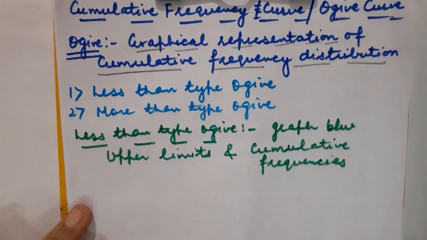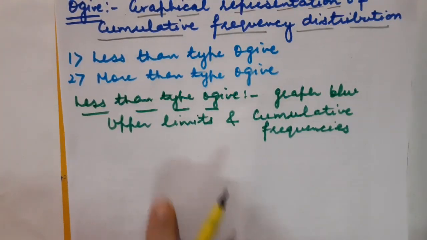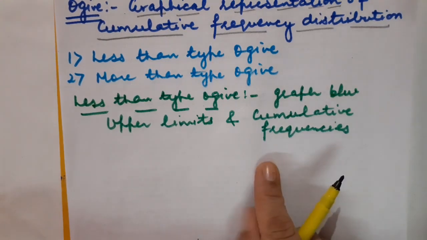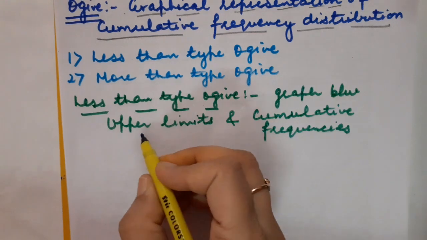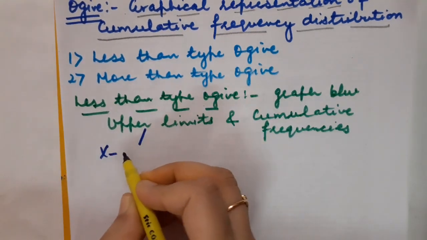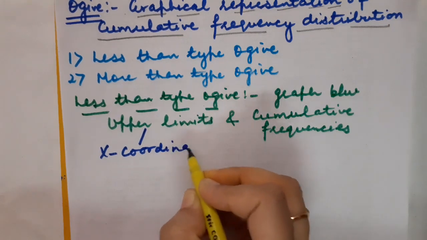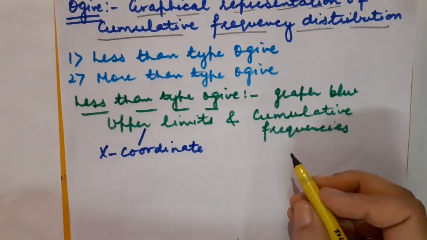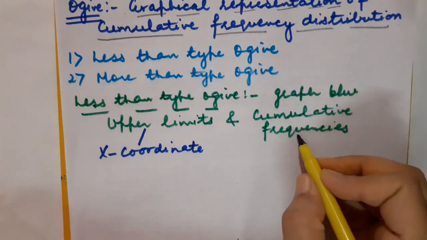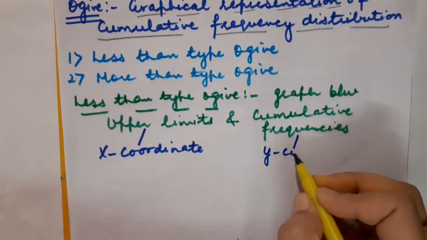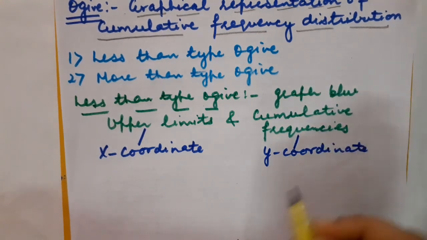Correct? So children, as I am talking about a graph, definitely there is a need for a Cartesian plane. So here we mark the points with upper limit as the x coordinate, means the abscissa, and the corresponding cumulative frequency as the y coordinate, means the ordinate.